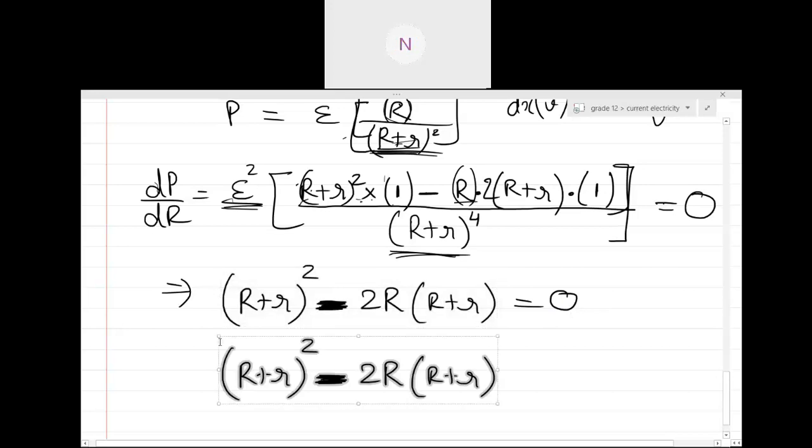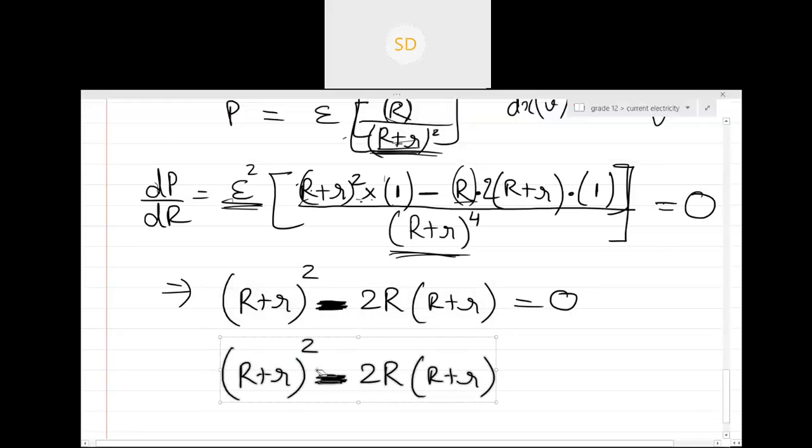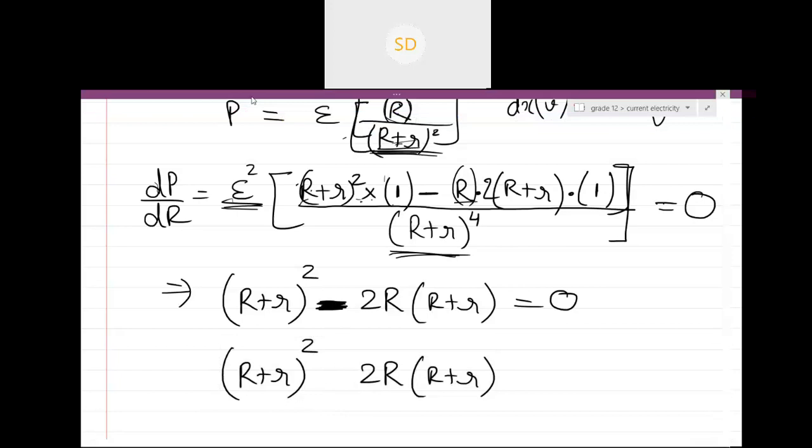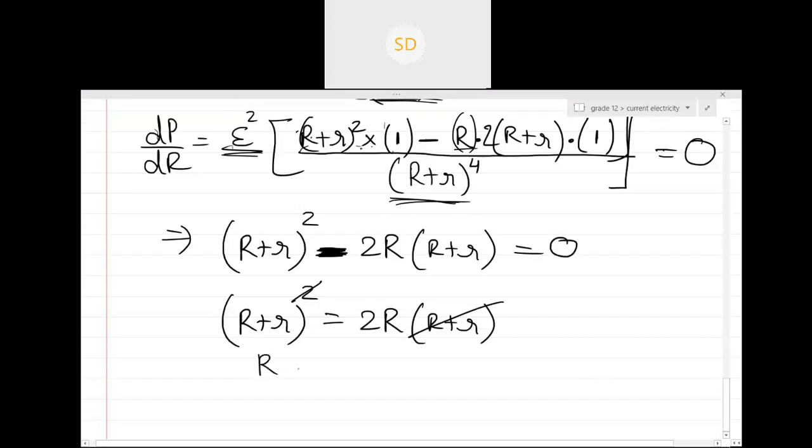Yes, sir. So this would have become like this, and then this would have become like this. One R plus r will get cancelled with one R plus r, and from here R plus r is equal to 2R, and from here r is equal to R. So can you see this particular thing?